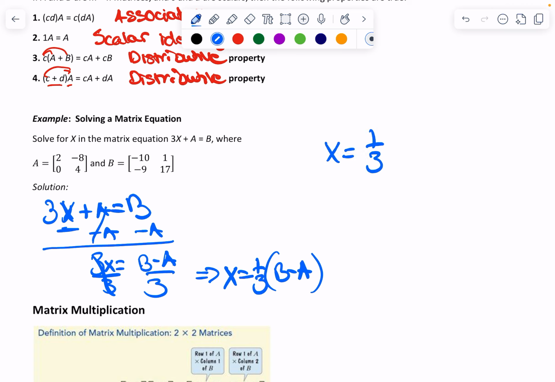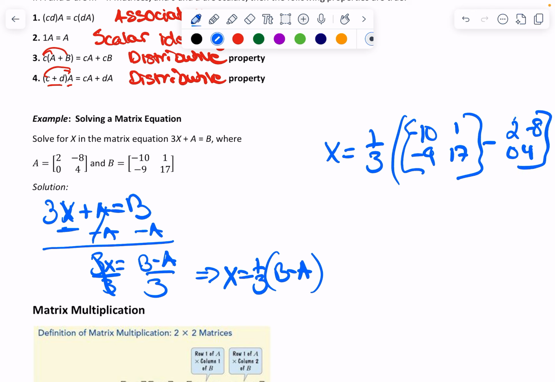Okay, so we're plugging in now. 1/3 times B minus A, and this is inside brackets because it's a matrix: negative 10, negative 9, 1, 17. So B is first, and we're subtracting A from B. So we're doing the subtraction again, corresponding elements. Negative 10 minus 2 is negative 12. Negative 9 minus 0 is negative 9. 1 minus negative 8 is 9.